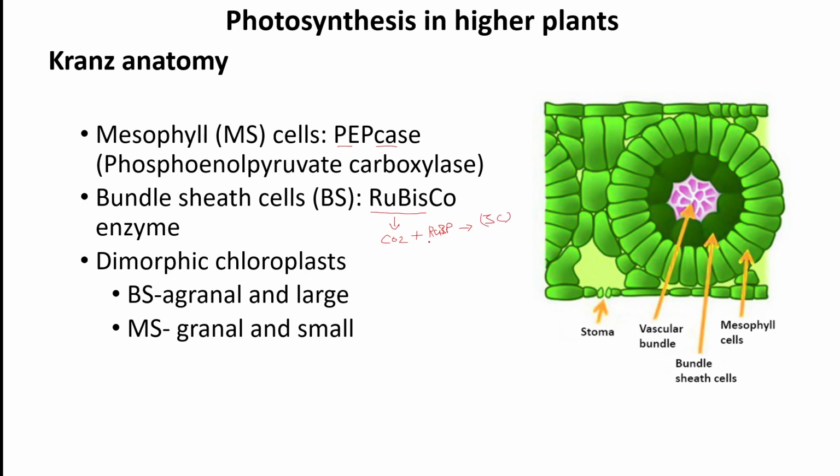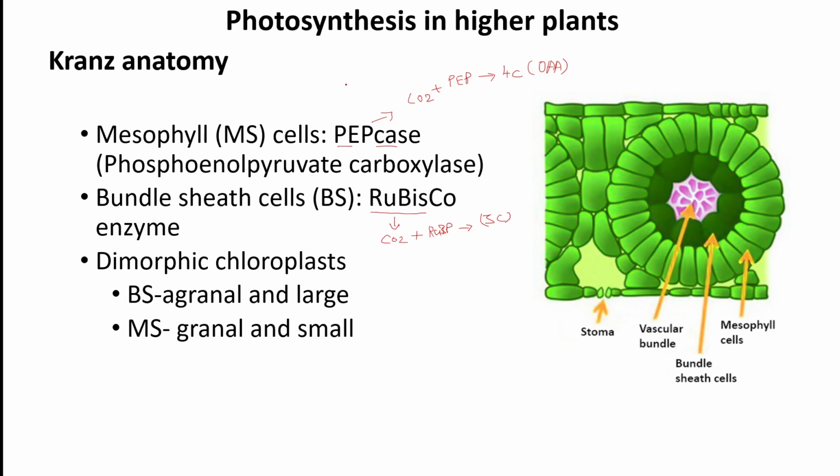It combines carbon dioxide with RuBP, leading to the formation of a 3-carbon compound, 3-phosphoglyceric acid. Whereas PEP carboxylase, what does it do? It combines carbon dioxide with phosphoenol pyruvate, leading to the formation of a 4-carbon compound known as oxaloacetic acid.